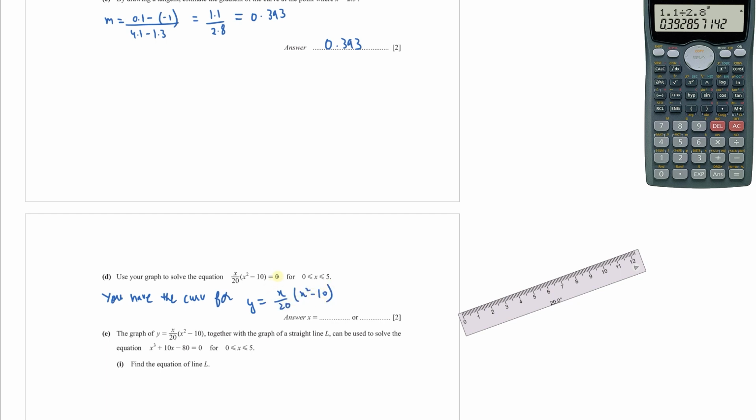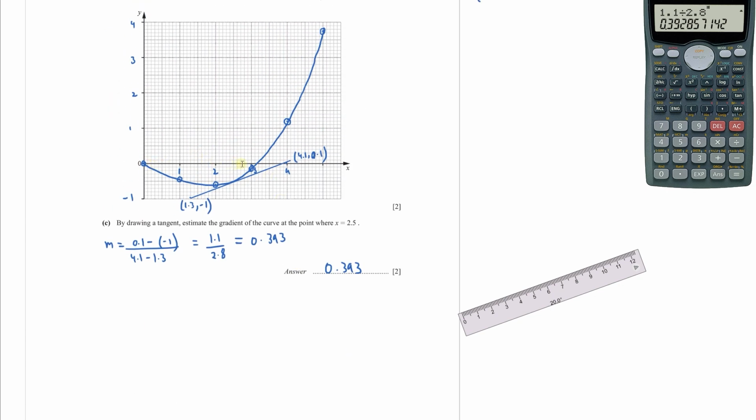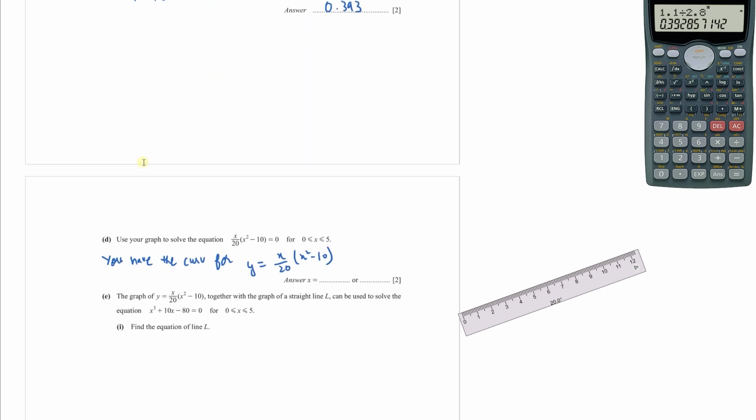So here the y value is 0 for this equation. So we will basically look for the graph where it intersects the x-axis, where the y value is basically 0. So this is the first point where the graph intersects the x-axis. So the x value here is 0. So your first answer will be 0.